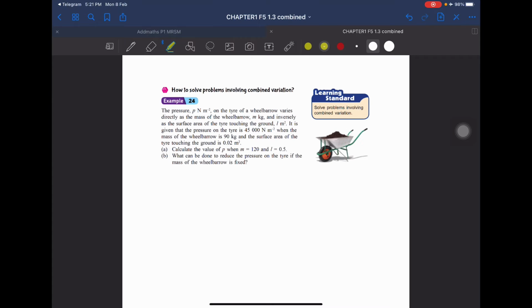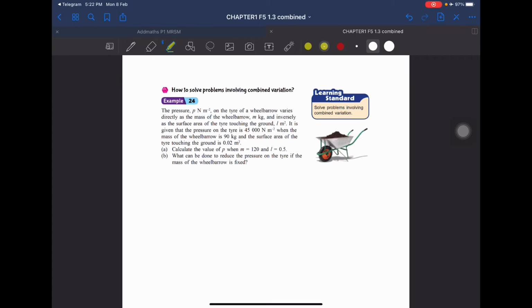It is given that the pressure on the tire is 45,000 when the mass of the wheelbarrow is 90 kg and the surface area of the tire touching the ground is 0.02 meters square. Calculate the value of P when M equals 120 and L equals 0.5, and B, and so on.